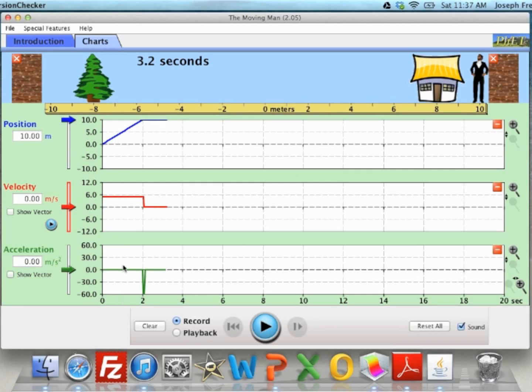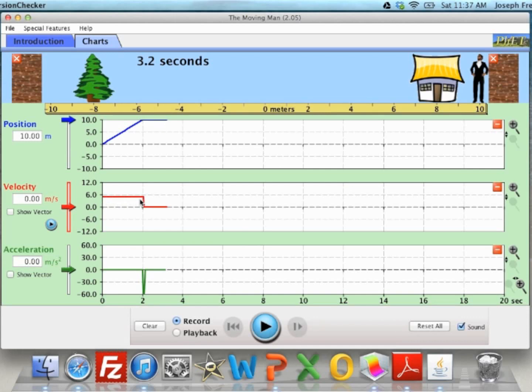So at 1 second we already have covered 5 meters. So we have a steep slope for the blue line segment, and we still have the flat line for the velocity time curve, because the velocity is constant, it doesn't change, and that's represented by a horizontal line. It hovers at 5 meters per second for the duration.